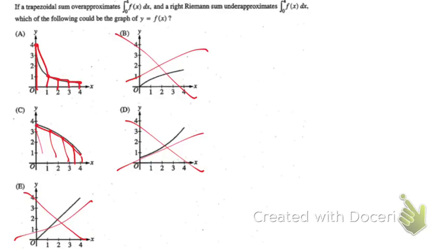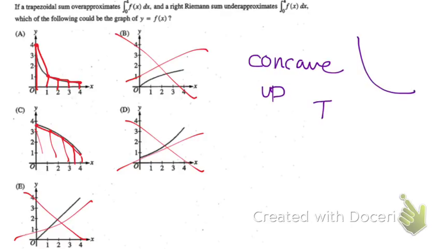So maybe we can write that down kind of like how we wrote down those charts last time. If we have a function that's concave up, like this, a trapezoidal Riemann sum will over approximate.